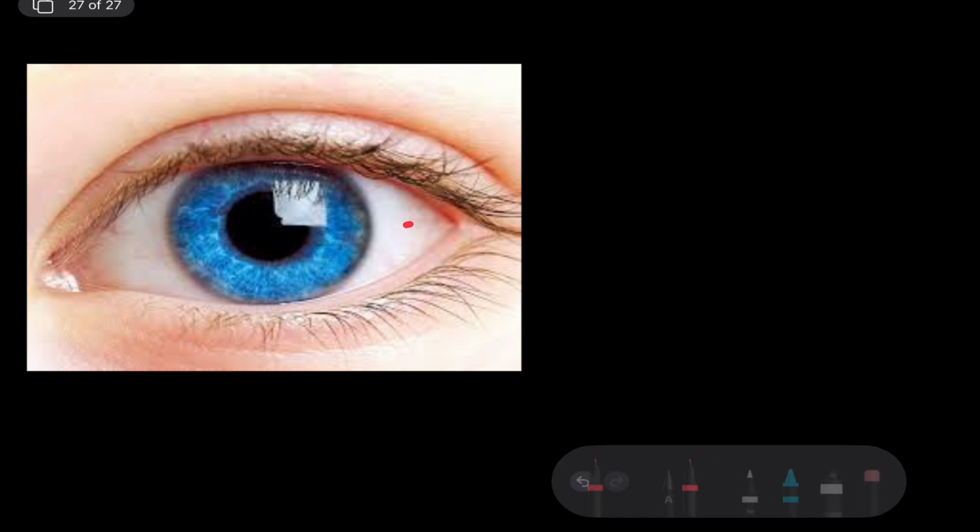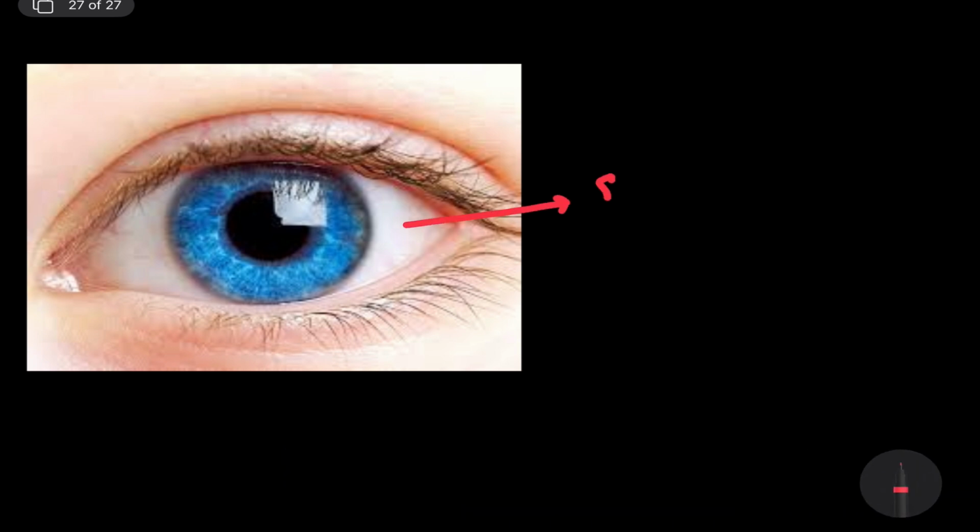This over here is sclera. This over here is the cornea. Obviously not that blue part. The blue part is the iris. Cornea is basically transparent, so you won't be able to see it as such. But basically cornea is the transparent covering over the anterior 1/6 of the eye. Okay.